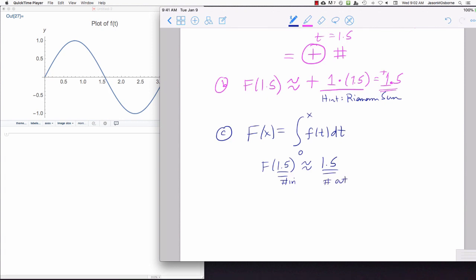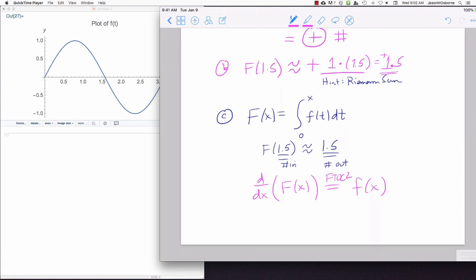That's what a function is. Because it's a function, can you tell me what the derivative of this function is? It's a function, so we should be able to take its derivative. And the answer there is little f of x, by the second fundamental theorem of calculus, part 2.